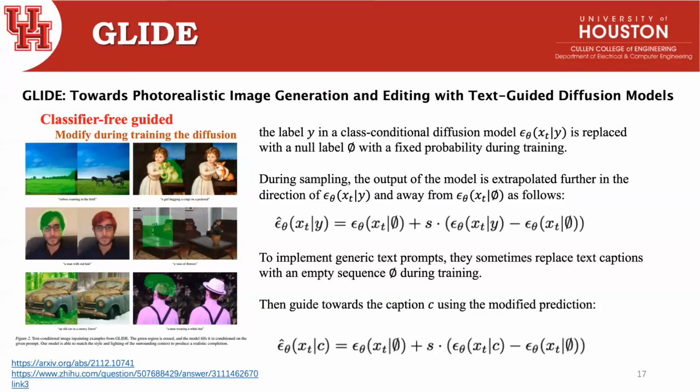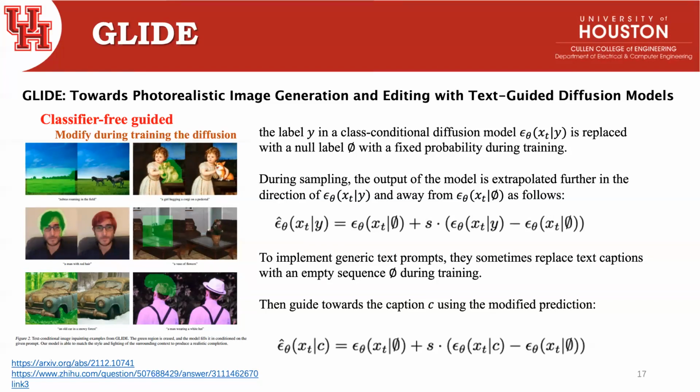So you cannot generate other things. If you just want to generate mountains or humans, but the classifier does not have the data set, you don't have the human, you don't have the mountain, so the classifier guide cannot do this. You cannot generate mountains or humans.